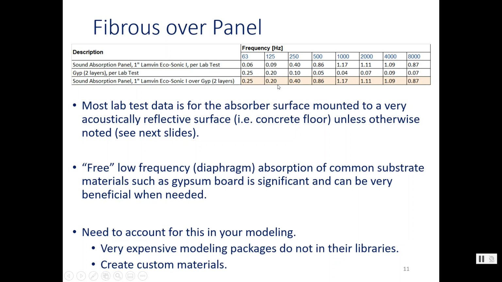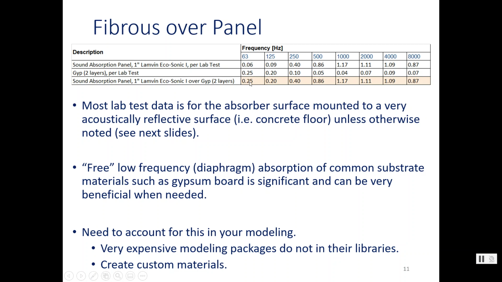So what I would recommend doing in that case is like I did here: you put the two down, with the fibrous over the gyp board. If you did it the other way around, this would be a completely different story. You'd probably only be getting this absorption, not the fibrous panel at all. But when you have the fibrous over the gypsum board, the big sound waves pass through that thin 1-inch fibrous layer and they see the gypsum board.